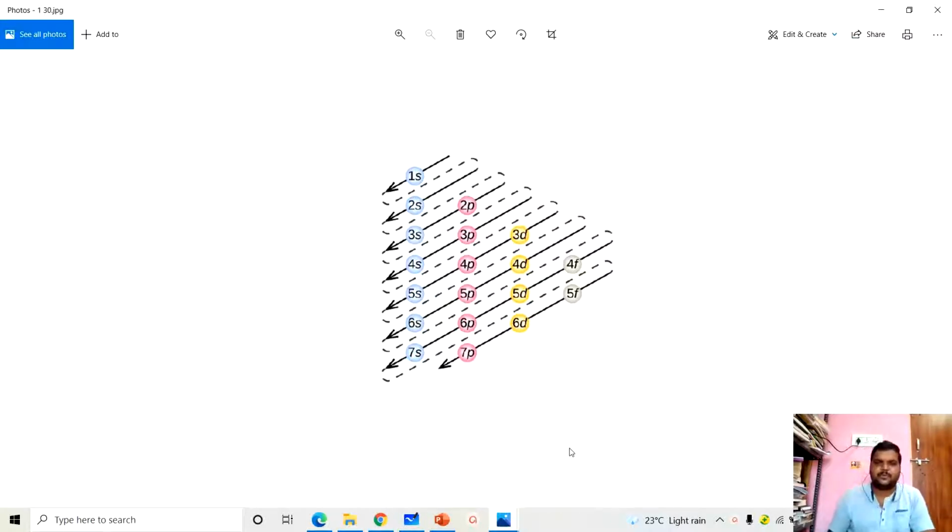For example, the first electron enters into 1s; this arrow indicates the electron entering the 1s. Now, an s orbital can contain a maximum of how many electrons? 2 electrons, yes or no? Why? The s subshell has 1 orbital, so it can accommodate a maximum of 2 electrons.